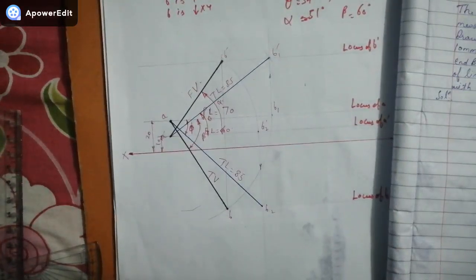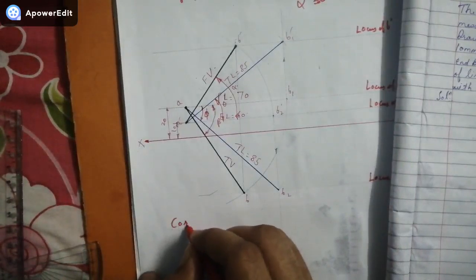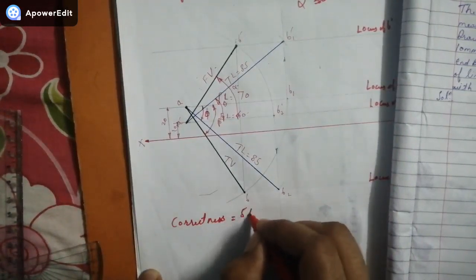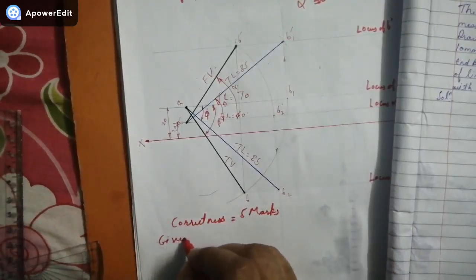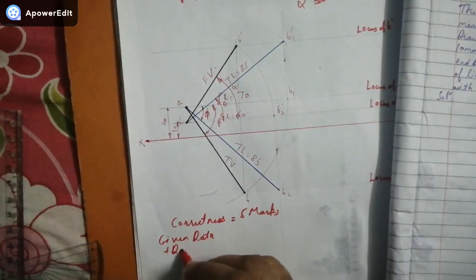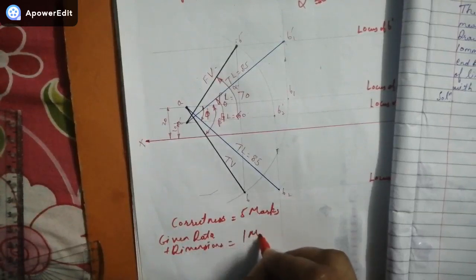Last but not the least, let's see how the marks are being distributed for this problem. Correctness will be given 5 marks. Given data plus dimensions will be given 1 mark.